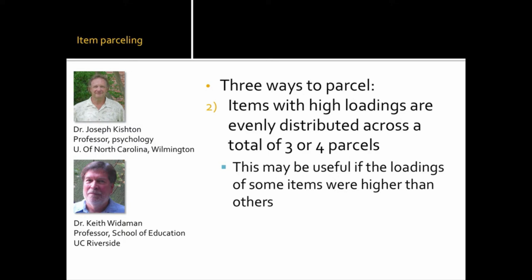It's a little bit not, but to me it's like, well, we might as well randomly select, and that's okay, I think, typically. You could refer back to Kishton and Widaman for more wisdom on this, but I would probably stick with number 1 typically, and not hunt for high factor loadings, because when you do that you might get a little bit of skepticism back from reviewers of your item parceled solution. So for now I would stick with number 1.